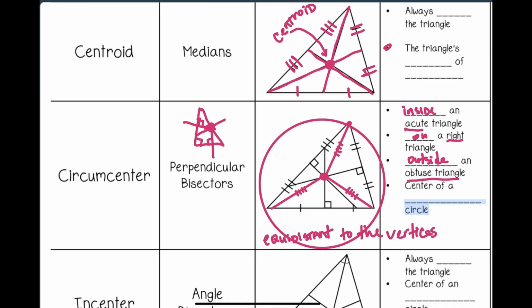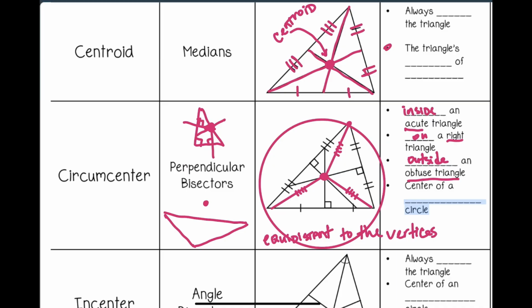So if I have an obtuse triangle, remember that is one angle is bigger than 90 degrees. One angle. So it would just probably be out here somewhere. All my perpendicular bisectors would be out there.